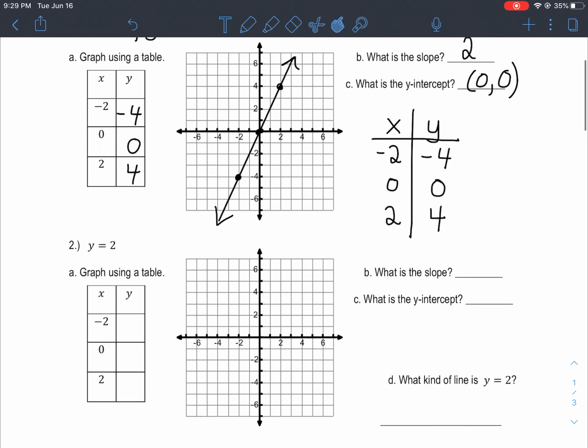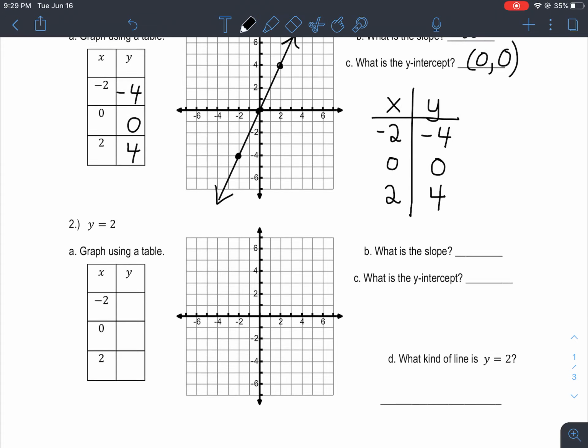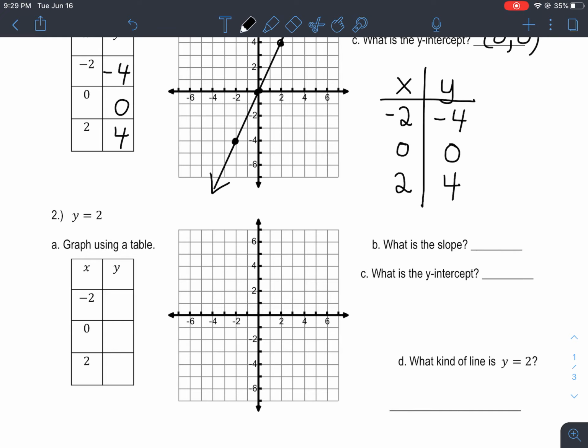Okay, so now we're going to look at another line here, y equals 2. Well, that definitely looks a lot different than what we worked with in the last video. So again, I'm going to use a table to figure this out. Well, I know that y always equals 2. That's what this equation says. It doesn't matter what your x value is. There's no x in the equation. No matter what the x is, y is always 2.